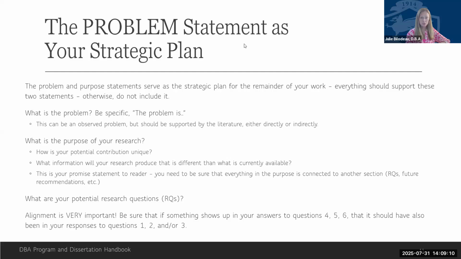So there are times when I will allow a student to not use the words "the problem is," because it's very clear. If you're unsure or you're getting pushback from your faculty or peers with feedback like, what is the problem here, then you want to probably move to the language "the problem is," right? State it very clearly, or "the problem being investigated is," some form of that.